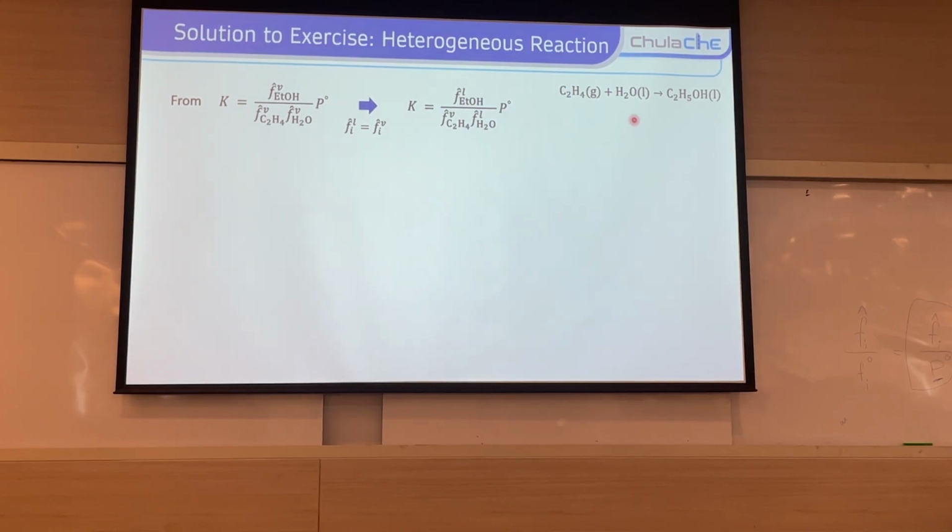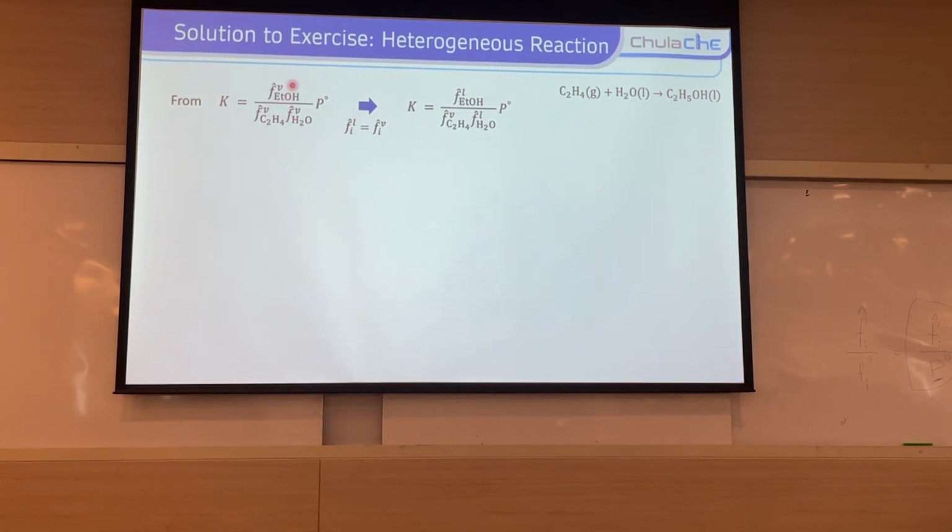So in this case, you know that the reaction occurs in both liquid and gas phase. So the water will be in the liquid phase. The ethanol will be in the liquid phase. But normally in practice, the ethylene is very difficult to condense into the liquid phase. So in this case, only the ethylene exists in the gas phase here.